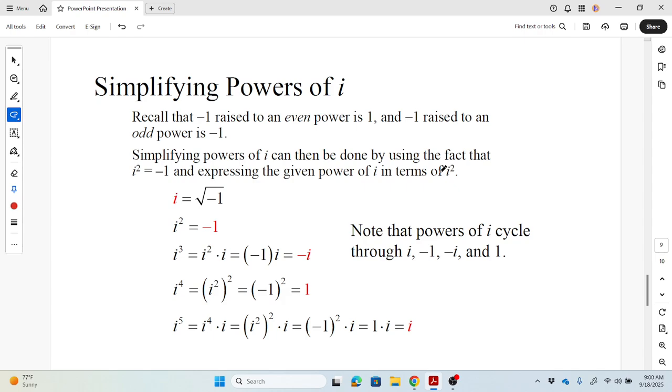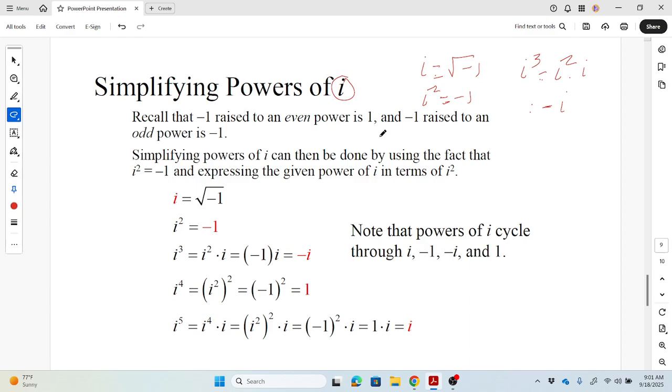So when you are playing with the i, make sure that when you raise the power of i, i stands for square root of -1. When you take i squared, this is -1, which is a real number. If you take i cubed, which is i squared times i, that is -i.